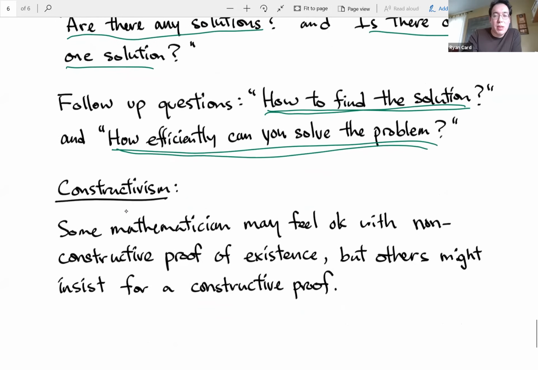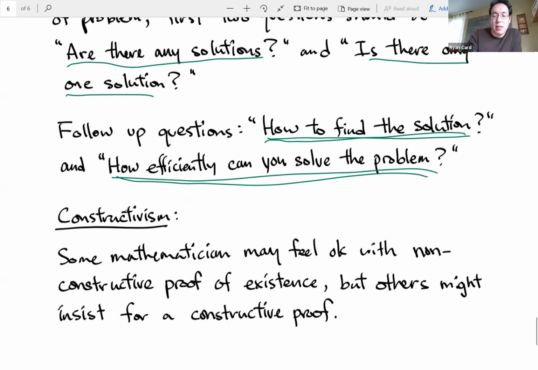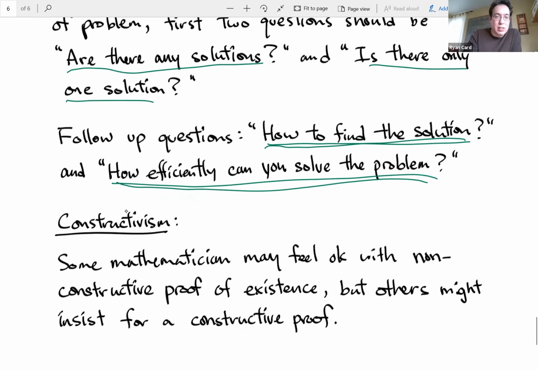And we might hit on something that splits the type of question that some mathematicians are interested or not interested in. There are types of mathematicians who are okay with knowing that something exists and moving on. Okay, a solution exists, so let F be the solution, and then move on with the problem.